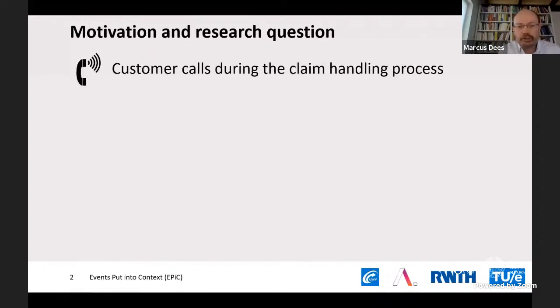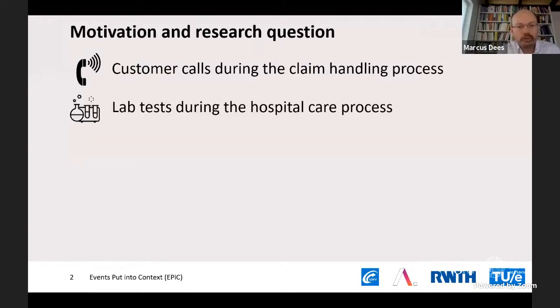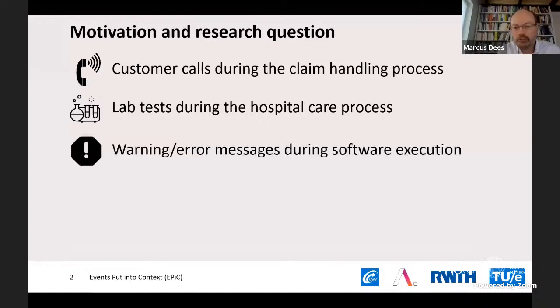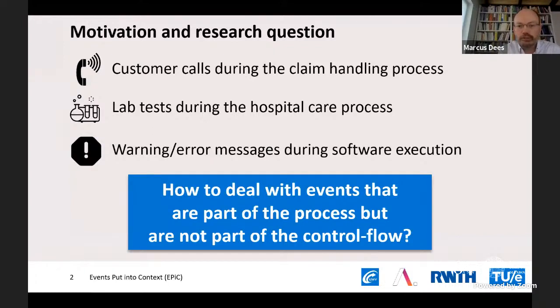Examples are customers who call during a claim handling process, lab tests in a hospital care process, but you can also think of warning or error messages during software execution. We want to be able to analyze the impact of such events on the process. So our question is, how should we deal with these events that are part of the process, but are not part of the control flow?